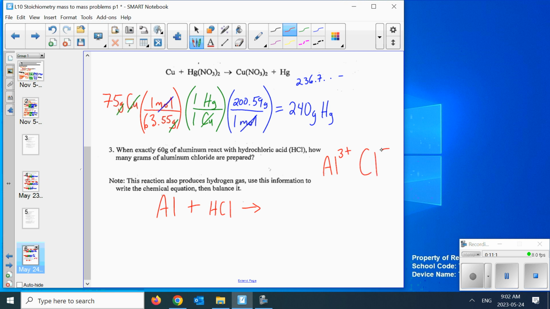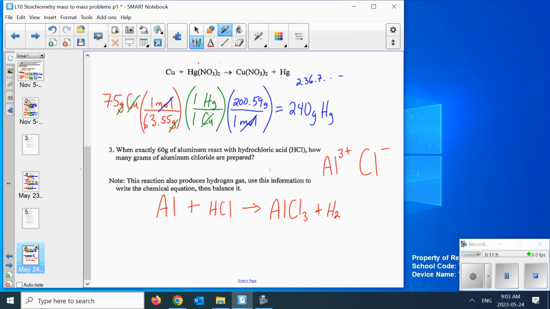So AlCl3. Plus, they said hydrogen gas. Now, remember there are 7 elements that come as diatomic molecules, not single atoms. Hydrogen is one of them. Maybe you didn't remember that. Now I've got balancing. I take a look: aluminum to aluminum, so far so good, but it's going to change.